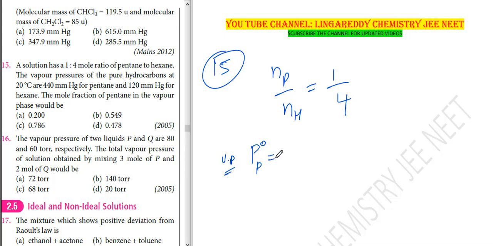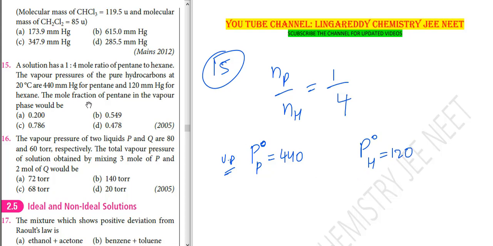P is vapor pressure, and in the pure condition we show it with 0, P naught. So P naught pentane is 440, and similarly P naught hexane is 120.